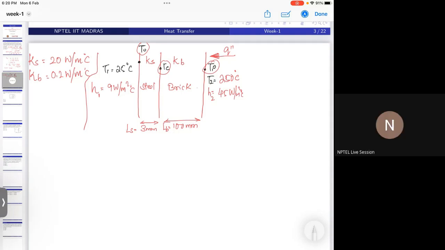It won't be exactly 25. How did we calculate that?